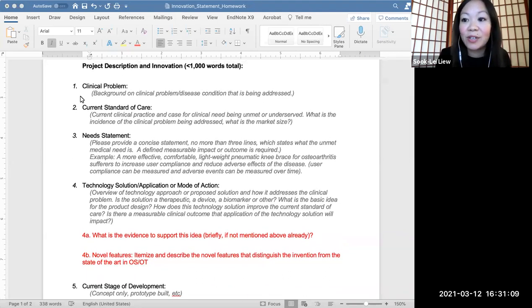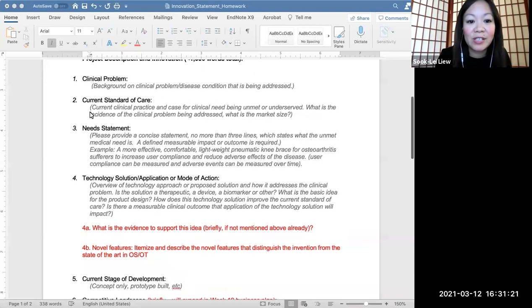Just to give you an example from reInvent, our stroke brain-computer interface with virtual reality, we might say the clinical problem is that people with severe stroke don't have very many options for therapy. The current standard of care for these individuals includes passive range of motion and electrical stimulation, but maybe nothing that they can really do on their own at home.